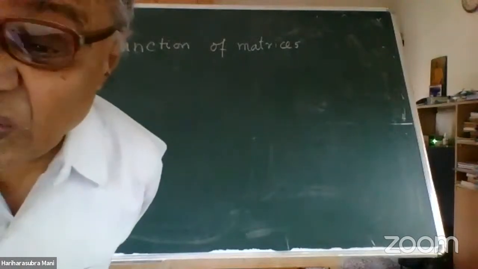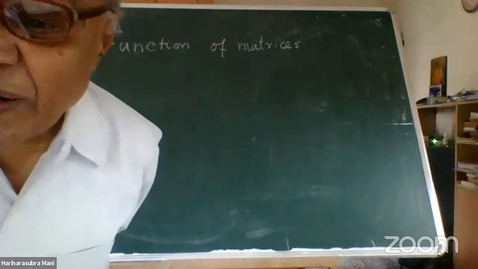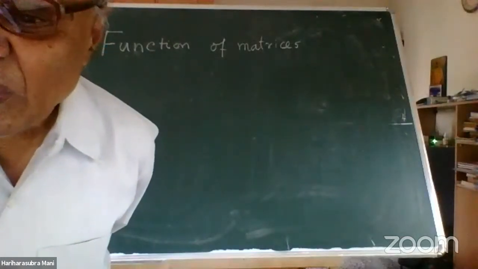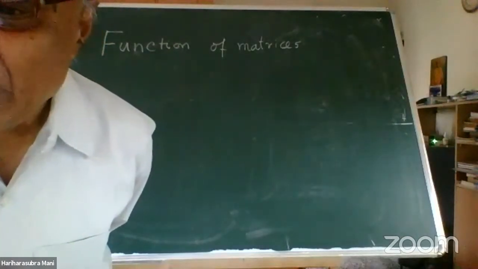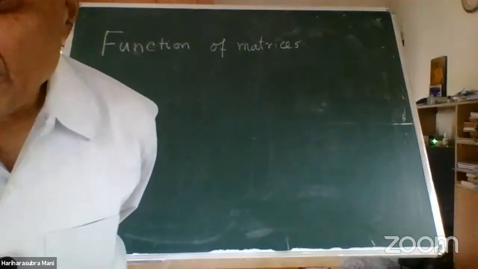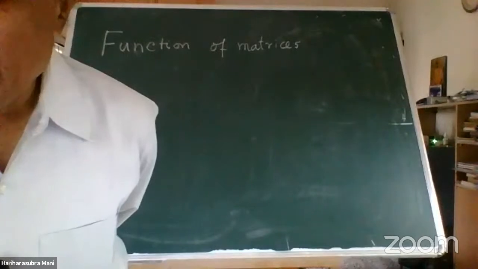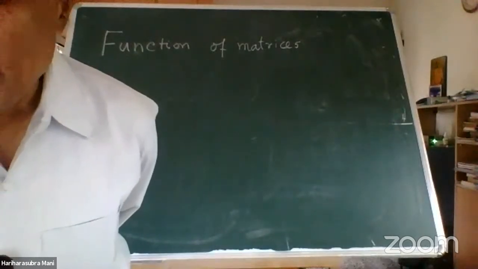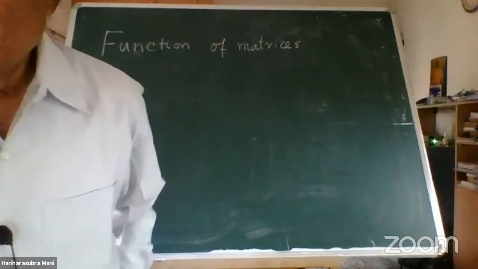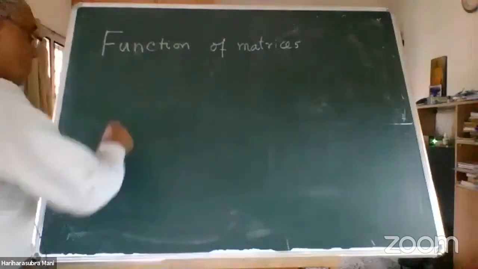Okay. For two state vectors A and B and a unitary operator U, the scalar product of U acting on A and B is the same as the scalar product of A and B. Two state vectors A and B and a unitary operator U. Let me write it down.